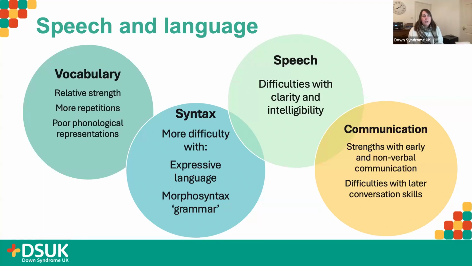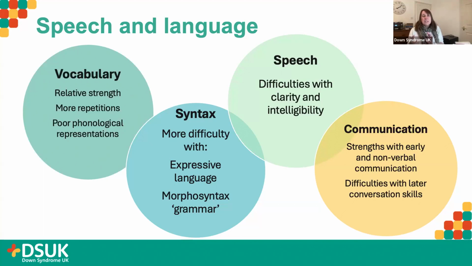Then communication, that's kind of a relative strength area for our children, particularly in the early years. They often have real strengths with non-verbal communication. Although they might not be saying many words, they're great at getting you to know what they want, what they don't want, what they don't like, often very expressive faces, good tone of voice, and you can clearly see when you're not in their good books, although they might not be able to say any particular words at all.